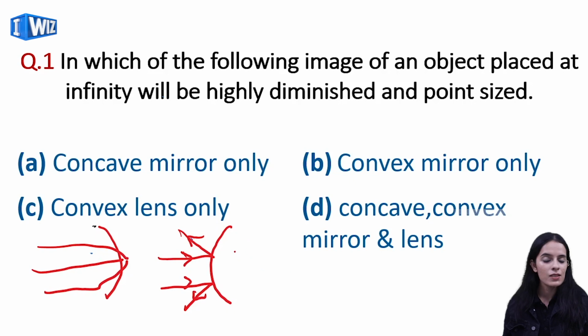Talking about the convex mirror, there are two cases. First is when the object is placed at infinity. In that case, the image formed is very point size, a very diminished image.